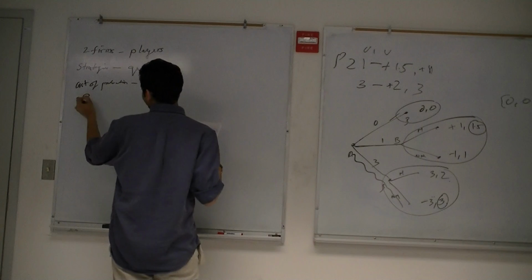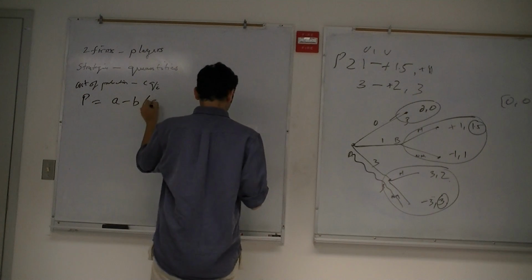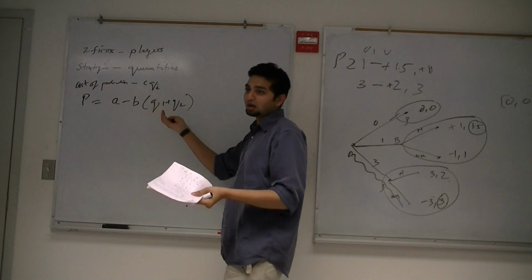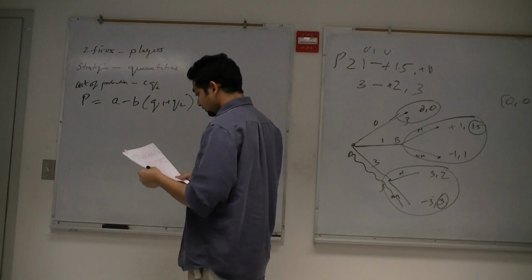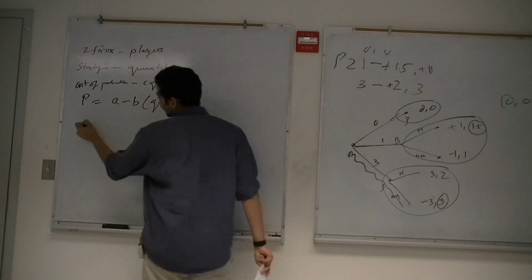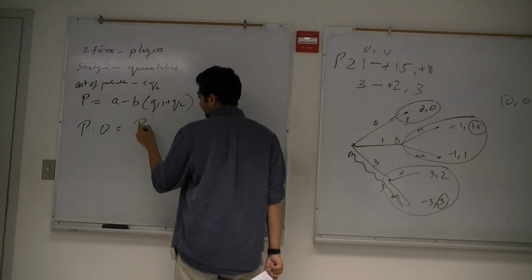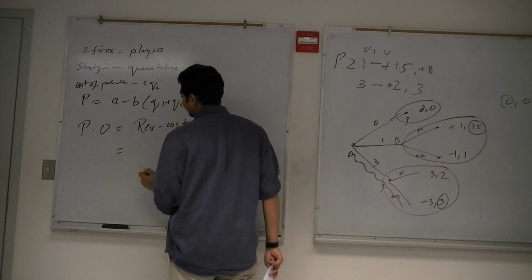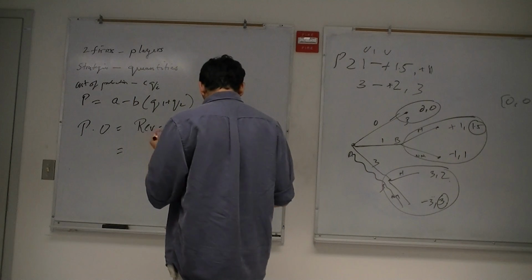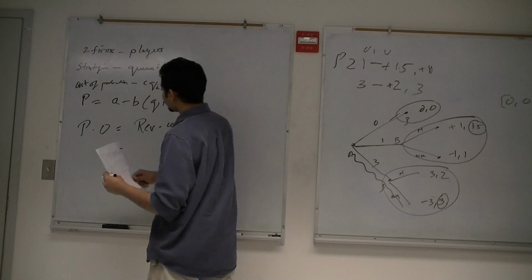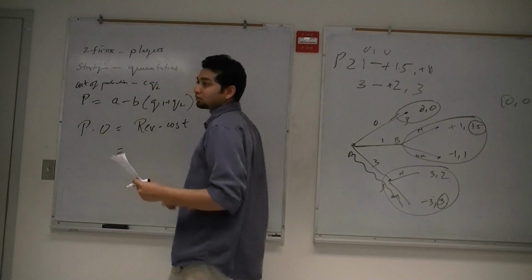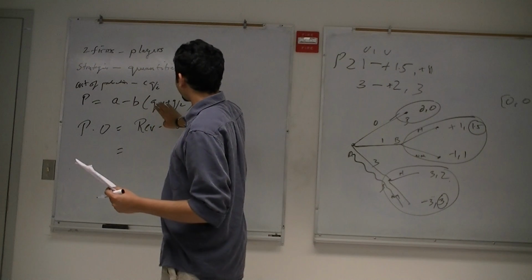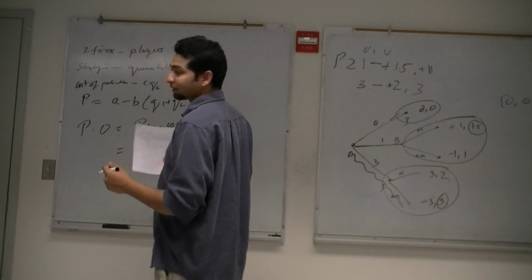Let's assume the price varies by the function a minus b(q1 plus q2), where q1 is the quantity of company 1 and q2 is the quantity of company 2. The payoffs are revenue minus cost. P is the price, and the two firms have the same price.